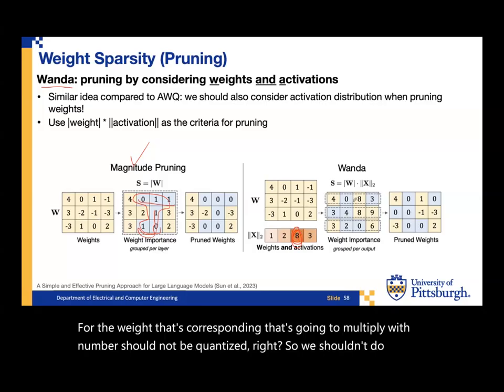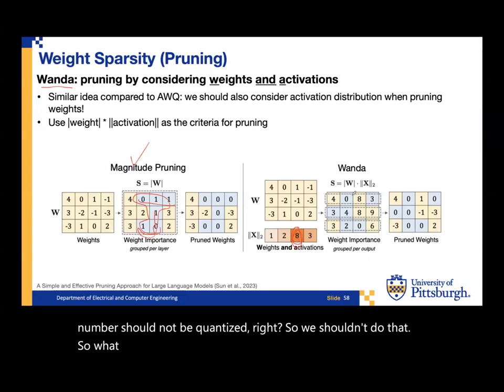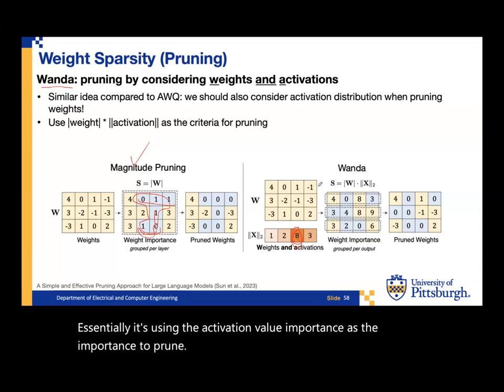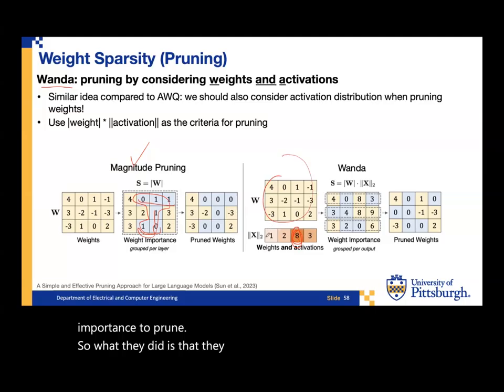So what they did is essentially use the activation value importance as the importance to prune. They multiply the weight matrix with the activation.